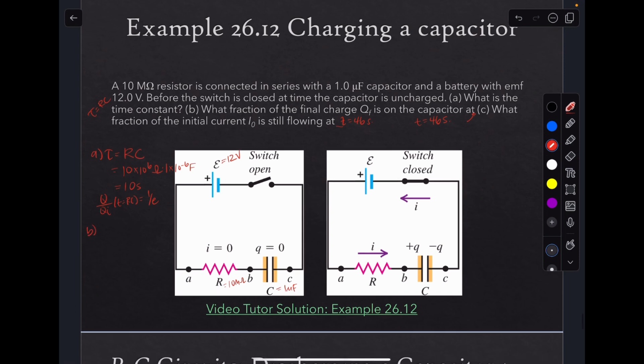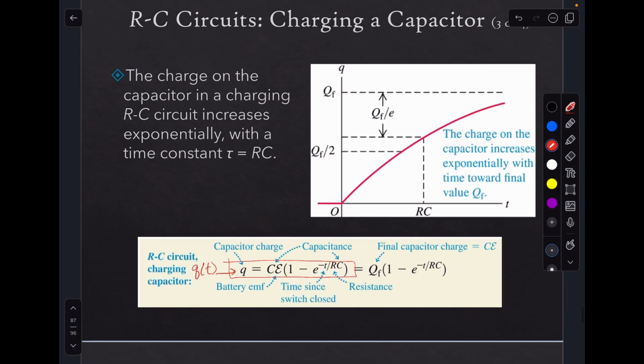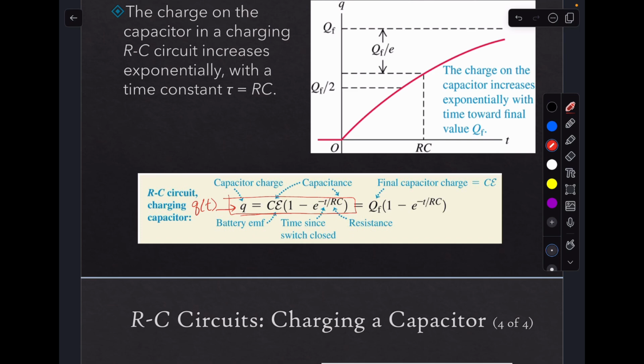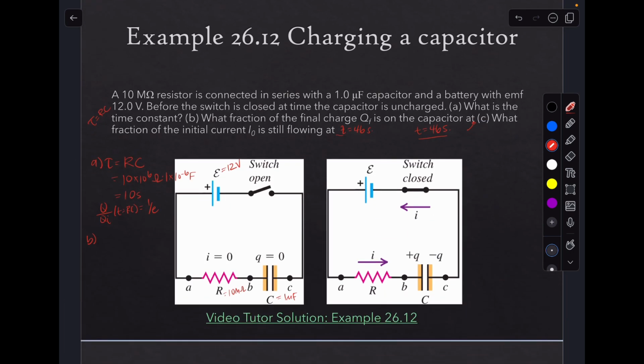So using that same idea, what fraction of the final charge Qf is on the capacitor at a time of 46 seconds? Okay, so we need the model of a charging capacitor. So that's Q equals Qf times 1 minus e to the minus t over RC. So Q at any time t is equal to the final charge times 1 minus e to the negative t over RC.